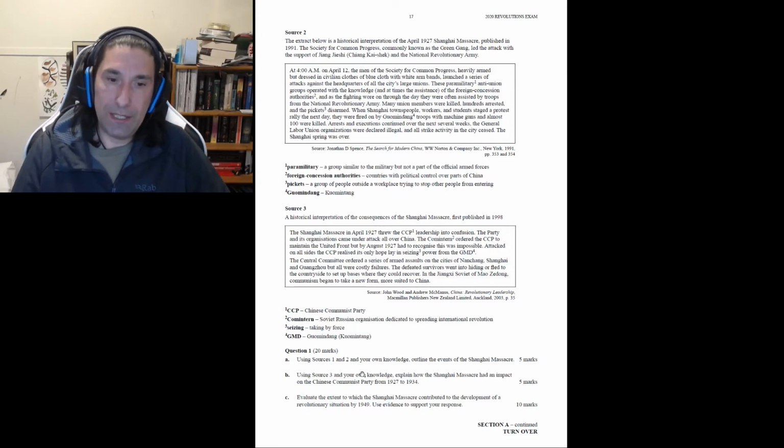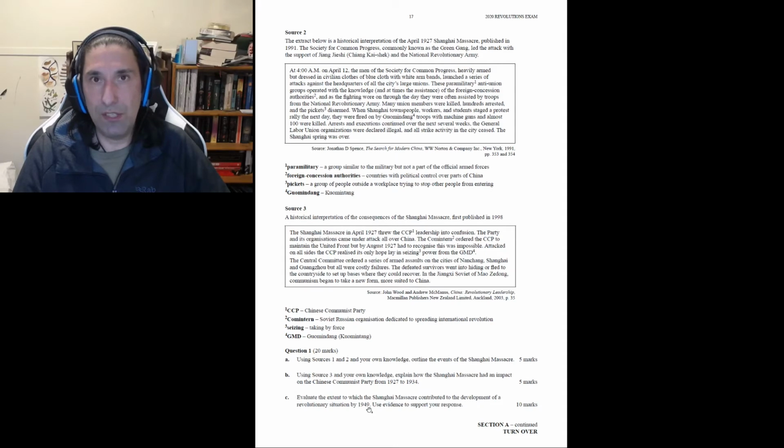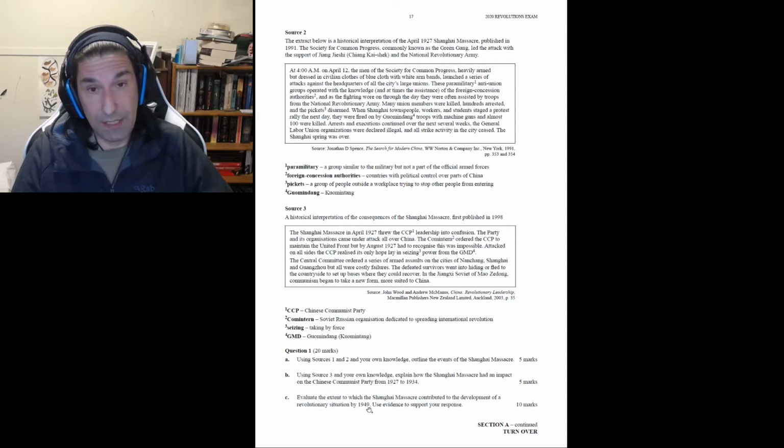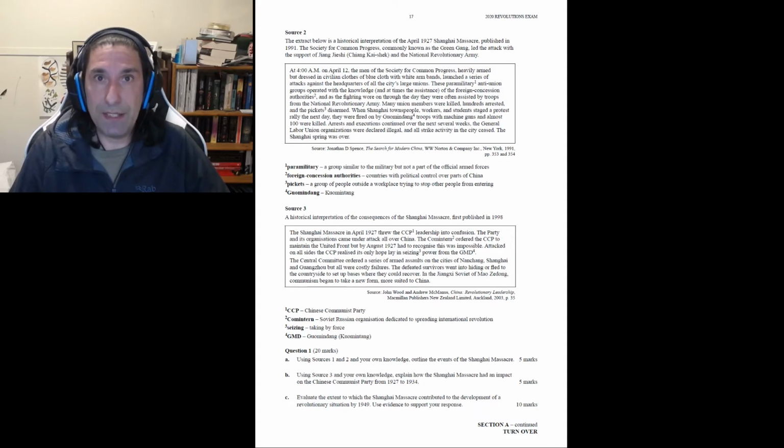Another key point you could refer to in question C, you could discuss the Hunan Report, okay? That Hunan Report, which Mao published in March 1927, just prior to the April 1927 Shanghai Massacre, contains many of his key ideas about revolution. His ideas about the peasants being the key revolutionary class.